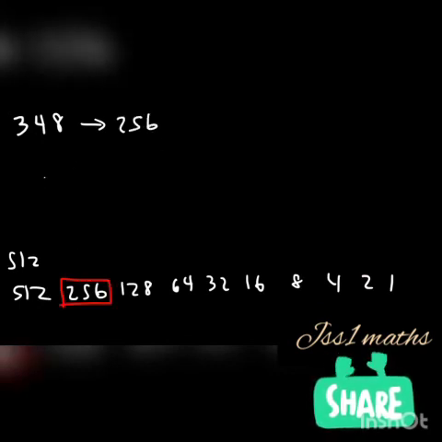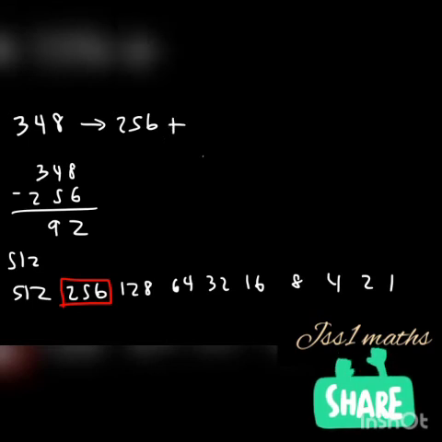Now, if you subtract 348 by 256, this will give you 92. Now, the highest number that is less than 92 at this point is 64.